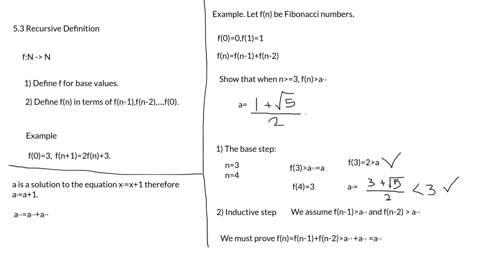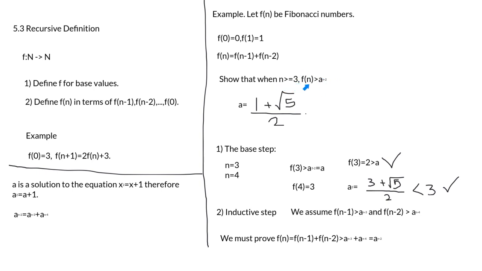Now, I repeat again what we've done here. So we had a recursively defined function, and we wanted to show that that function f of n satisfies this inequality for n greater than or equal to 3.